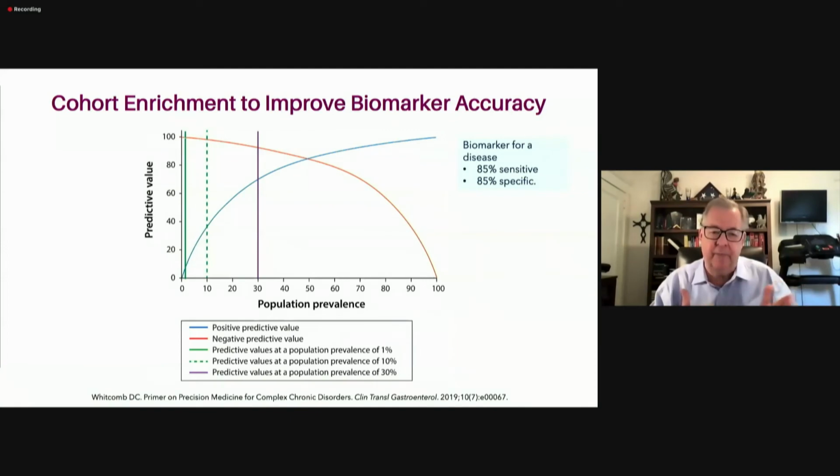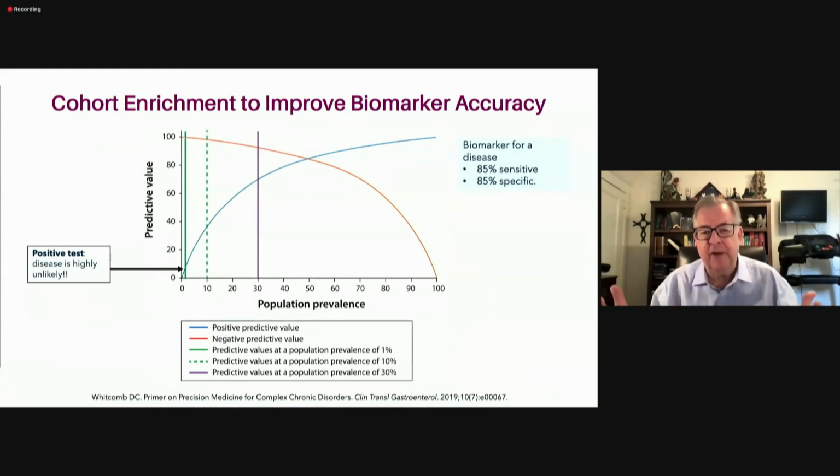If you take a general population, looking at the far left, the prevalence of a true disease in the population is low. Next. What this shows is that with a biomarker with an 85% sensitivity and specificity, the positive predictive value is extremely low, and it is more likely a person does not have the disease.